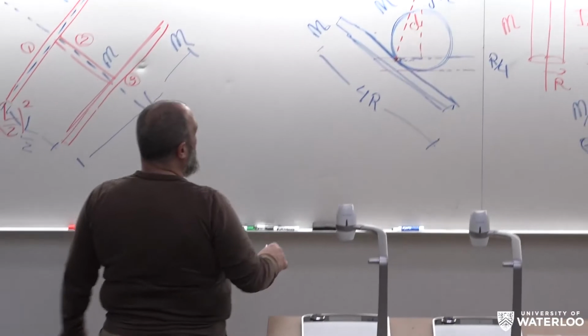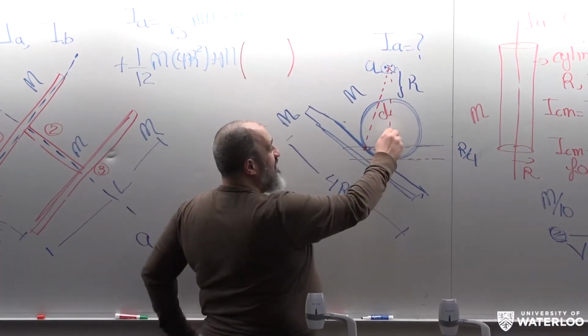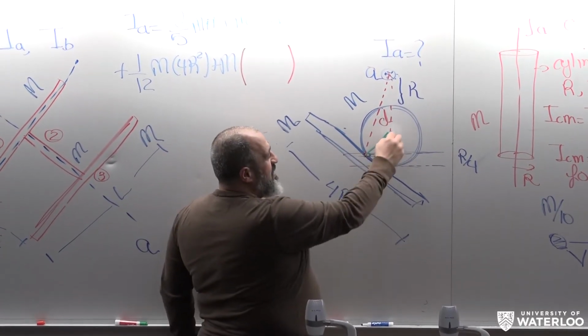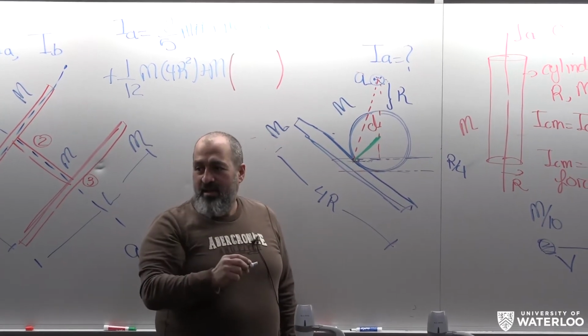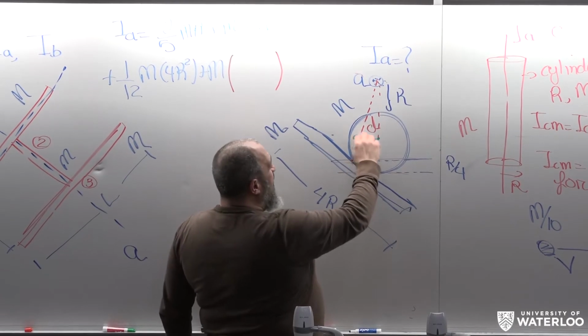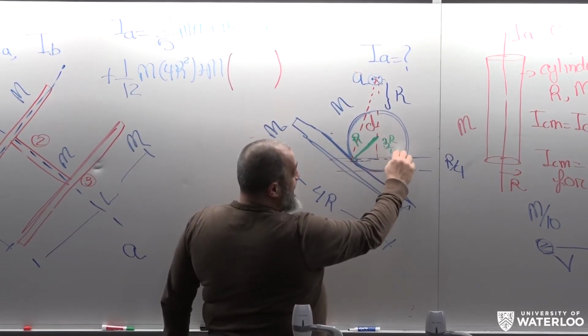Oh yeah, you're saying go here to the center? And then this is R, right? Stefan, this is R, right? If this is R, how big is this guy? 3R over 4. Can you get this guy?